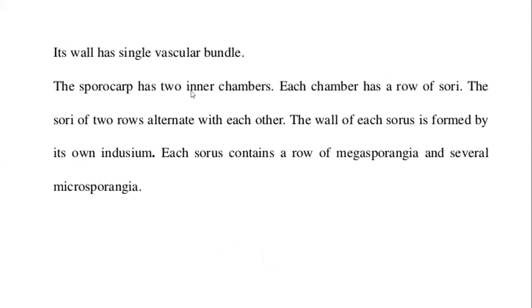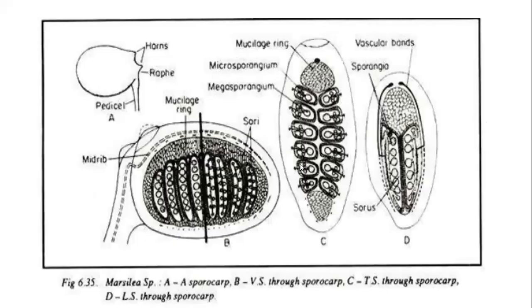Now, this sporocarp has two internal chambers, and each chamber has a row of sori. When we talk about the internal structure of this sporocarp, each one is called a sorus.